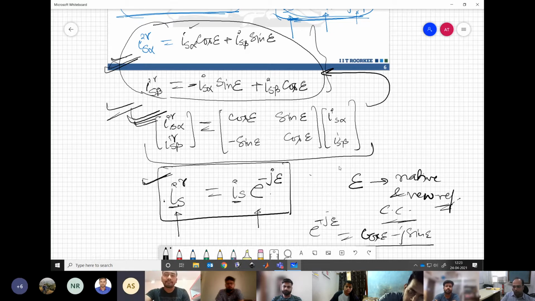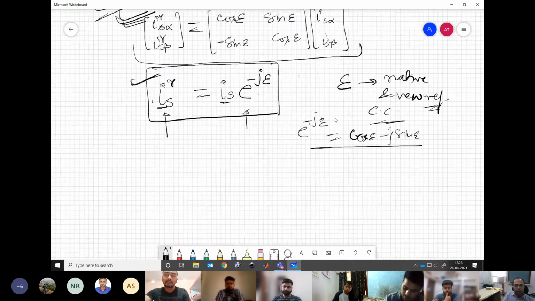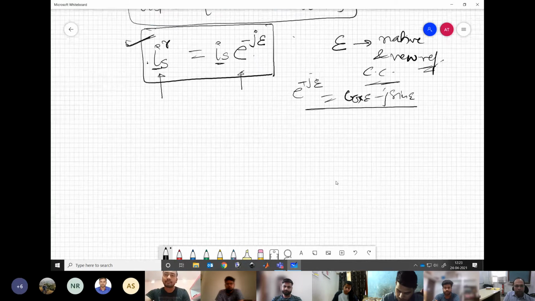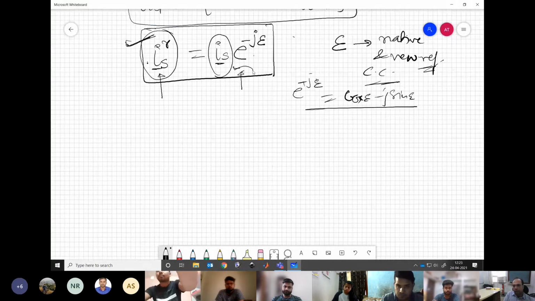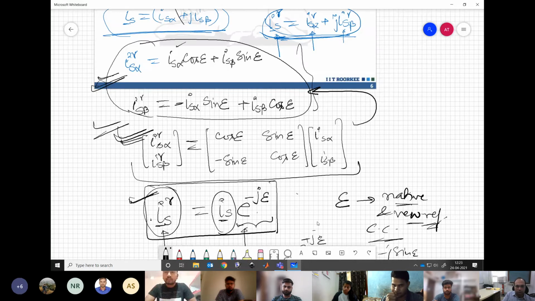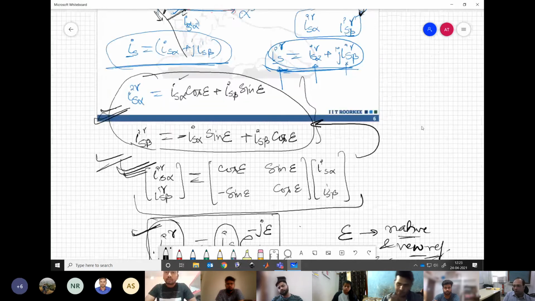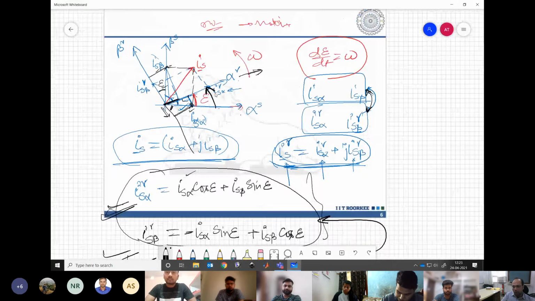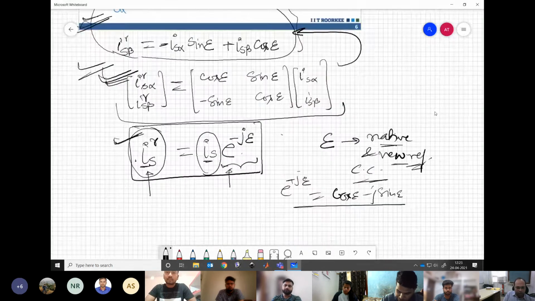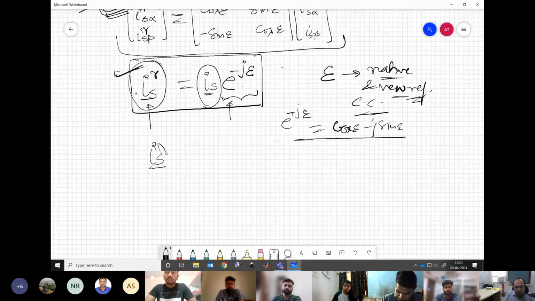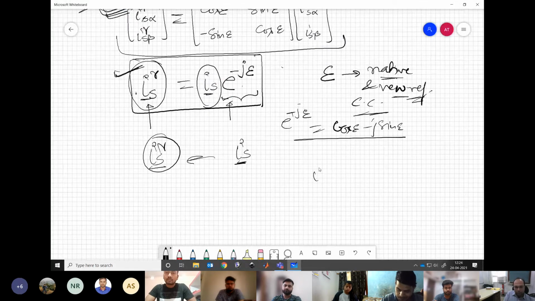Now we have written our vector in the rotor reference frame in terms of the actual vector and the angle which is between the native and new reference frame in the counterclockwise direction. Now the reverse is also true. If you know the ISR and you want to define IS in terms of this, then you can simply switch e raised to power j epsilon on the other side.